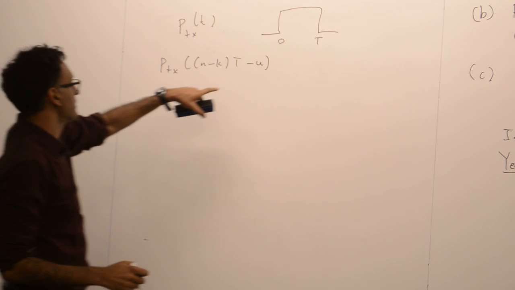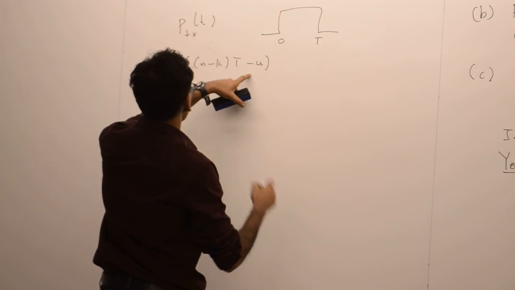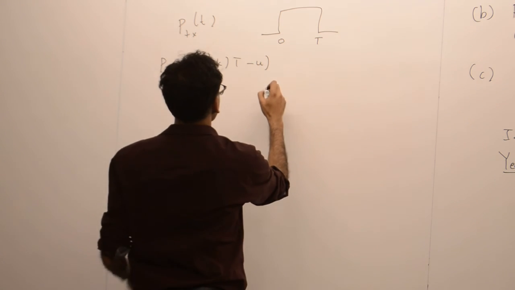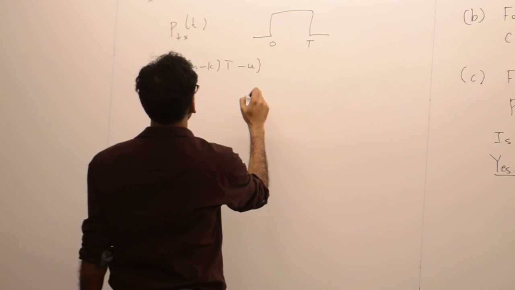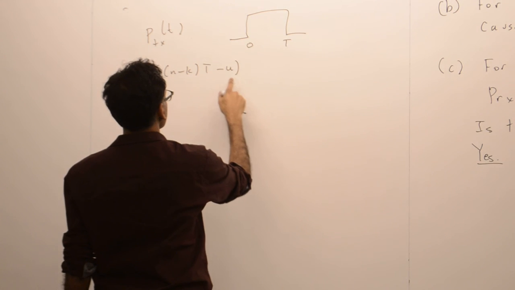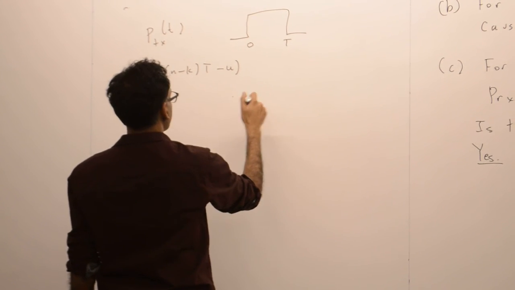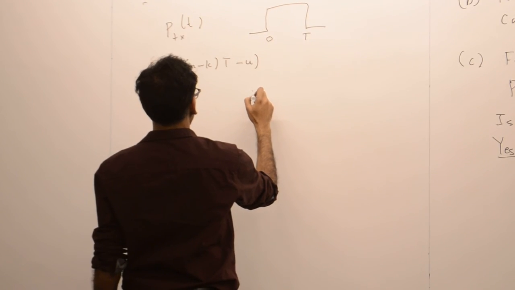That will look like this guy, when U is equal to n minus k, from n minus k.